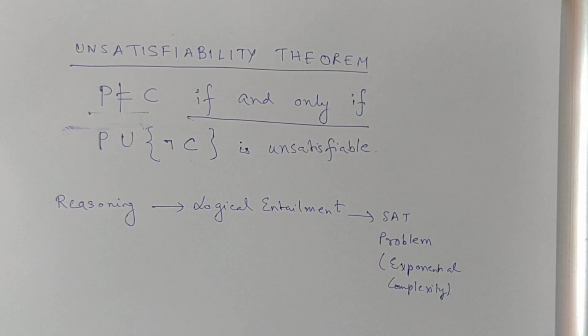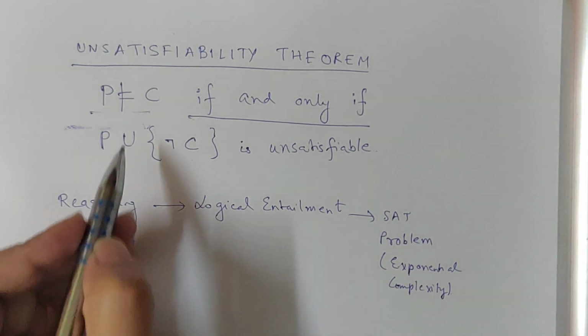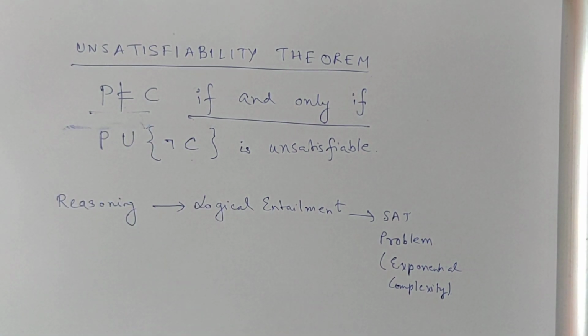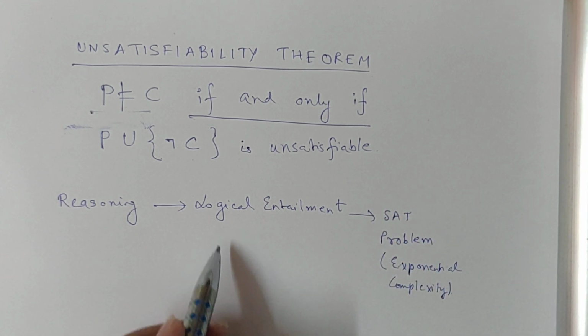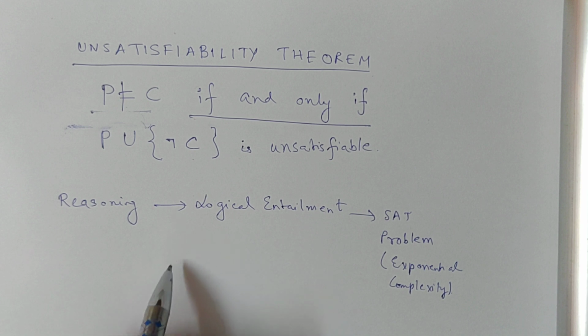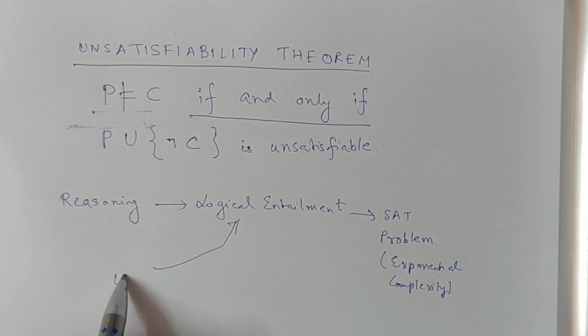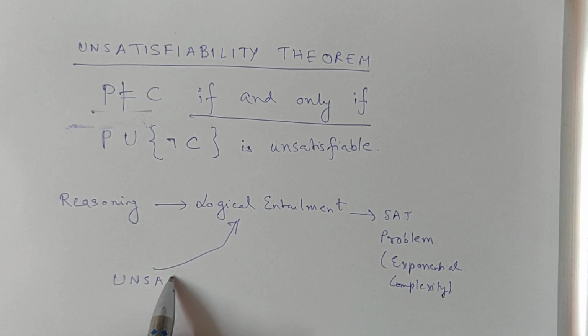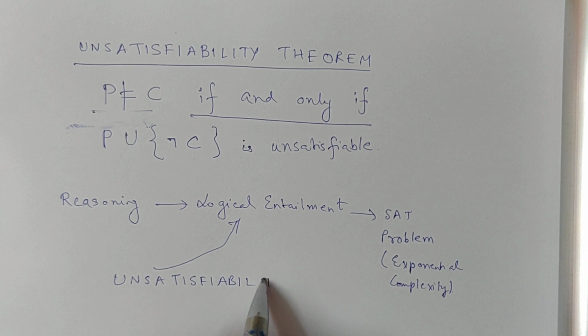So this unsatisfiability theorem is another way of proving logical entailment. Here this is the satisfaction side. The other way for finding logical entailment is this unsatisfiability theorem, as we have just discussed.